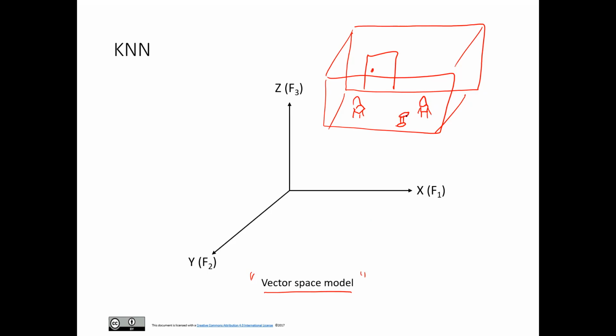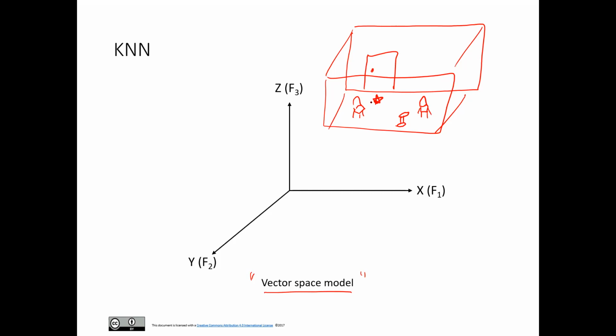So the idea here is you bring in another object, let's say a star. Now the question is, what item is it closest to? Well, you look at the items in the space.